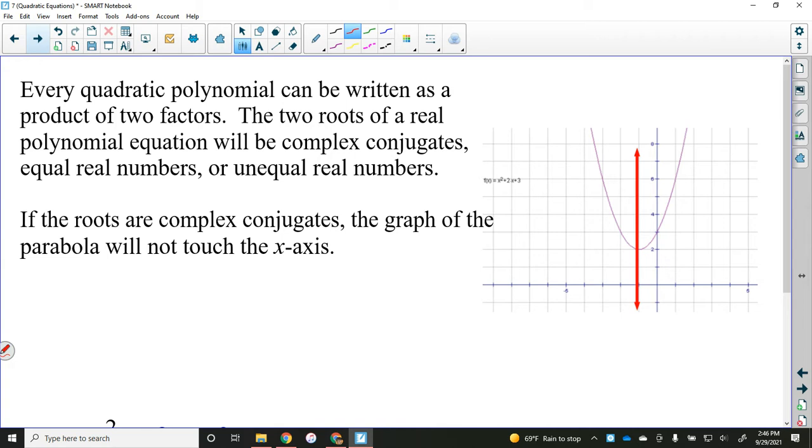It's just that not every time will it be two real solutions, two real factors. Because, for example, this quadratic right here, does that even touch the x-axis? Mm-hmm. So that's not going to have a real solution.